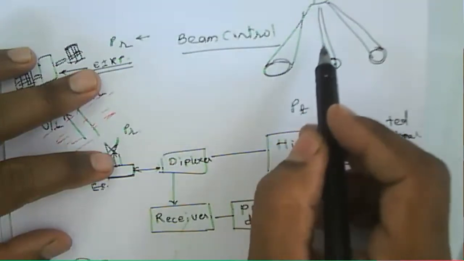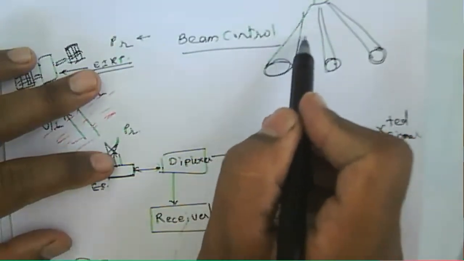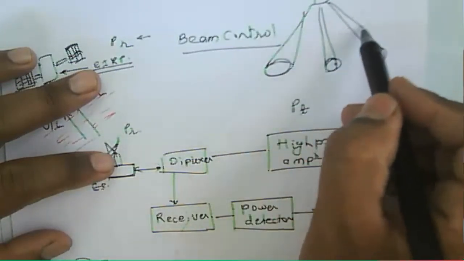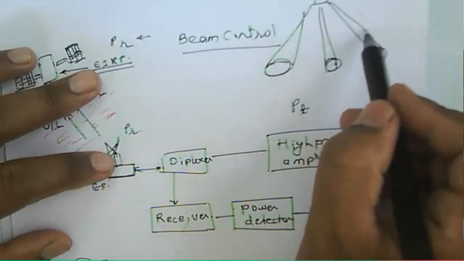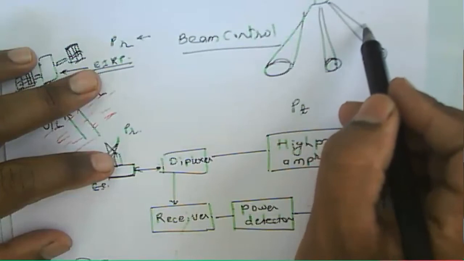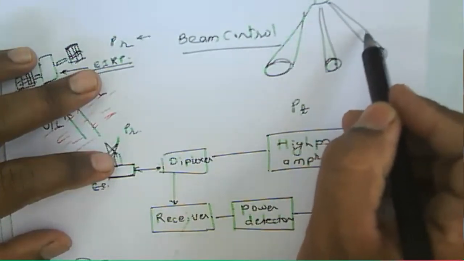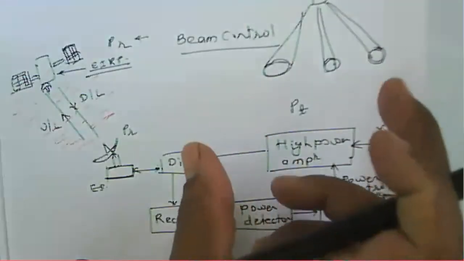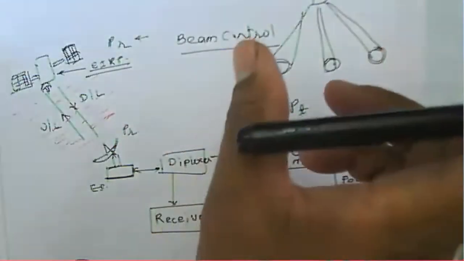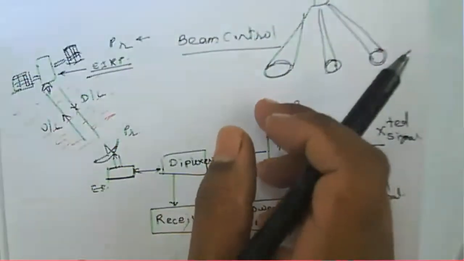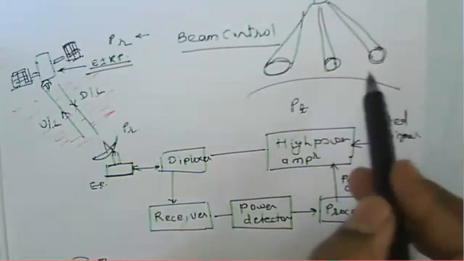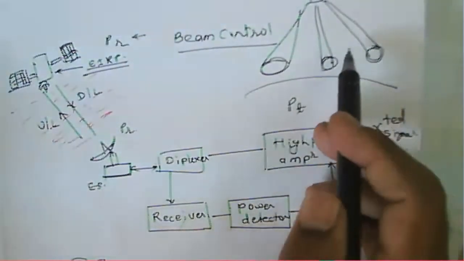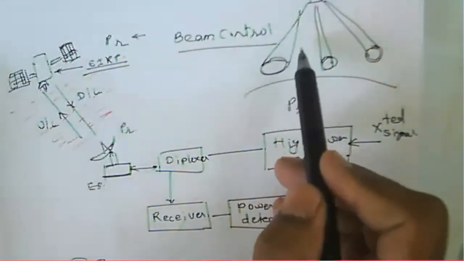So now, in that case, suppose in this region there is no attenuation, and in this region there is attenuation due to the rain. So in that case, only that particular beam power is to be increased. If you consider the geographical condition, in some particular area there is no rain, or in some particular region there is rain, and because of that there will be attenuation.